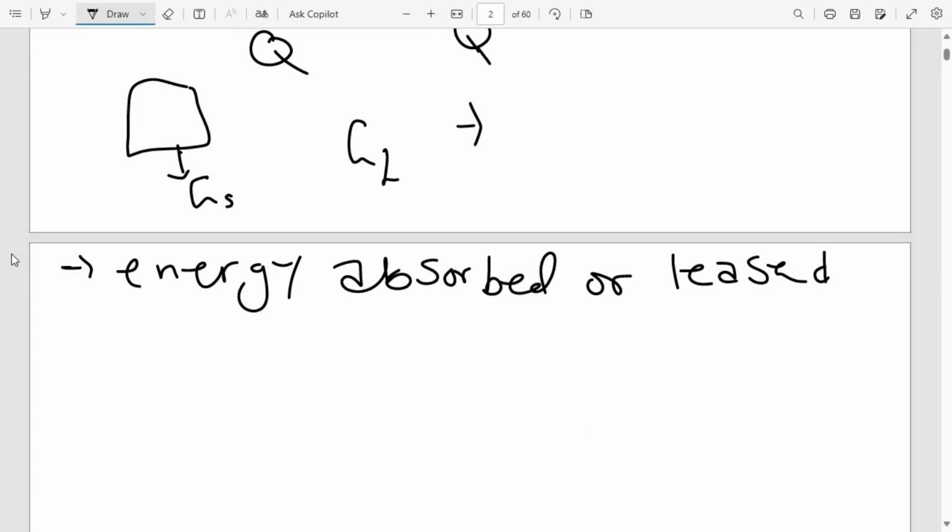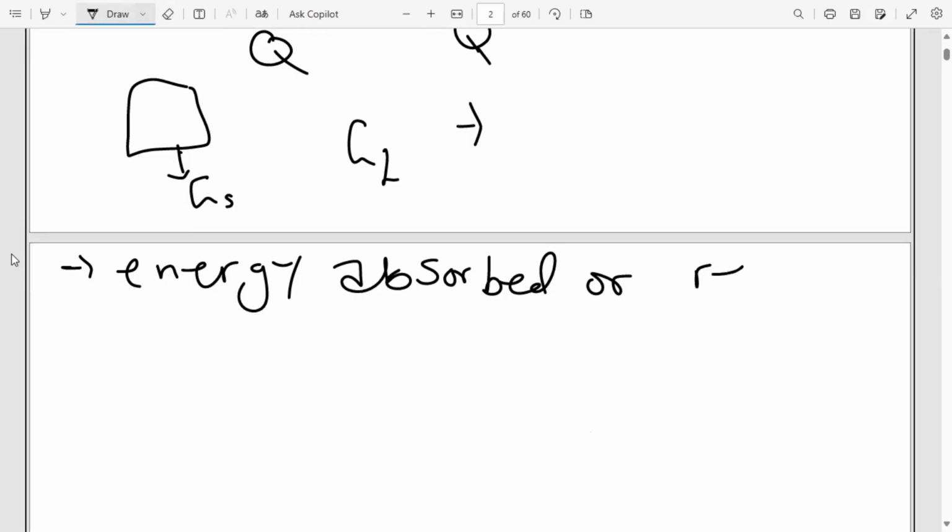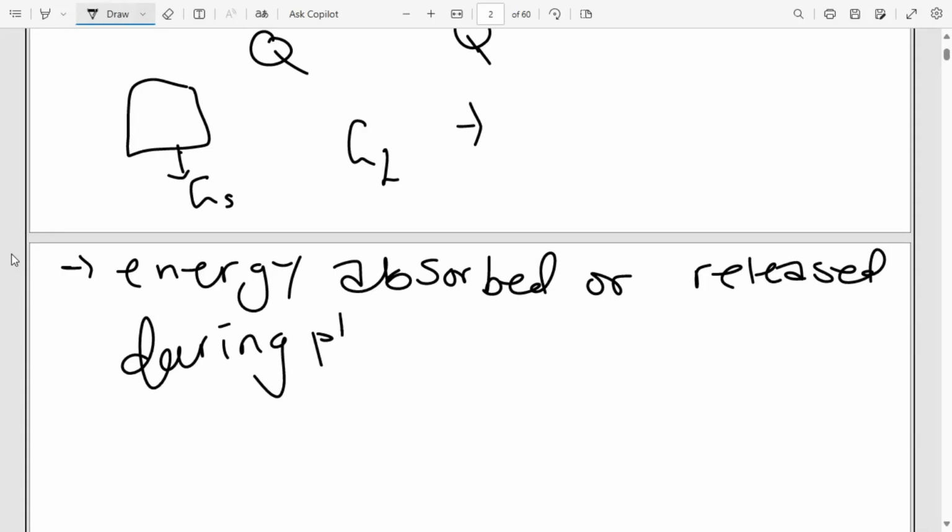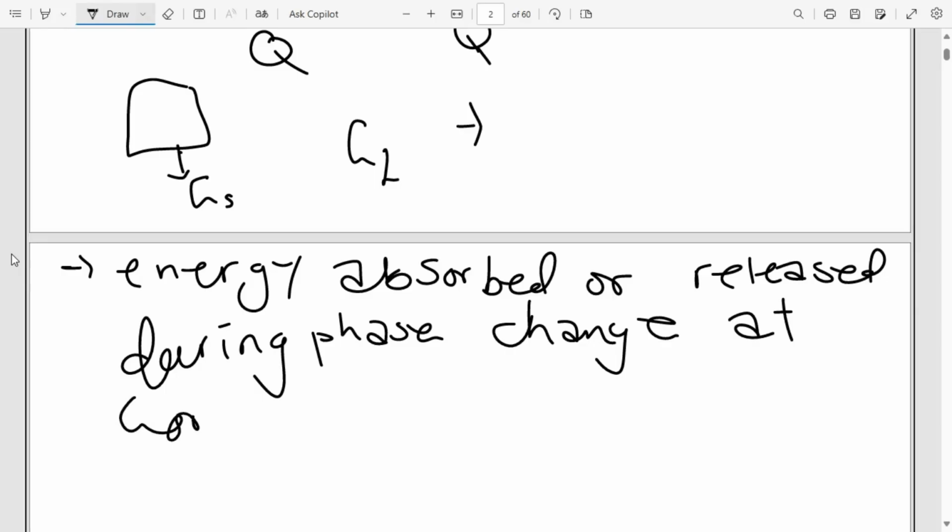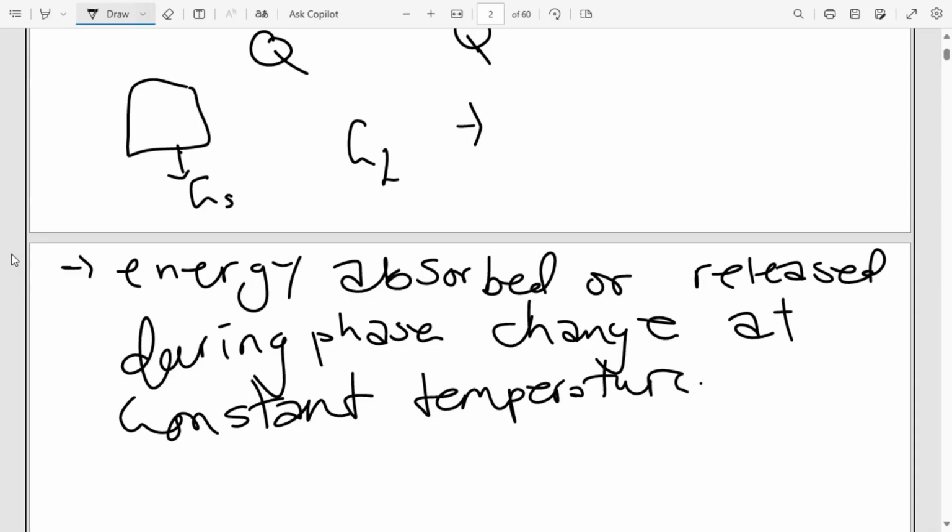So it's energy absorbed or released during phase change, and this is going to happen at a constant temperature. Okay, so that is what we are calling latent heat. So when you're changing the phase of a substance, there's energy that is absorbed.